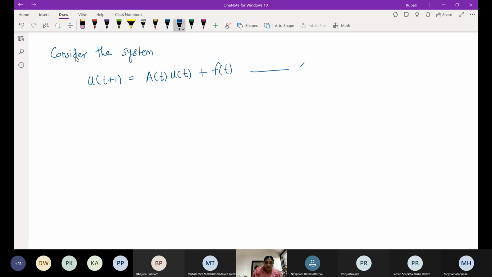This is number 4.15, which is a non-homogeneous system if f of t is not equal to 0, and if f of t is equal to 0, this is a homogeneous system.